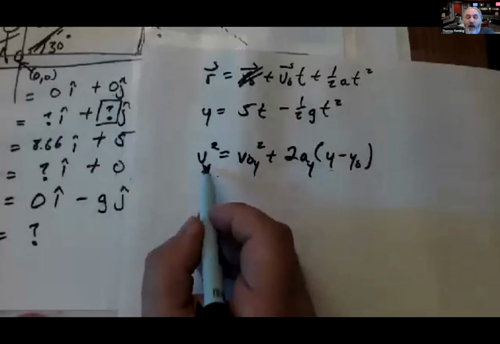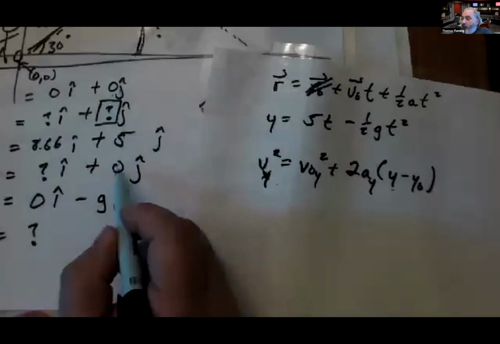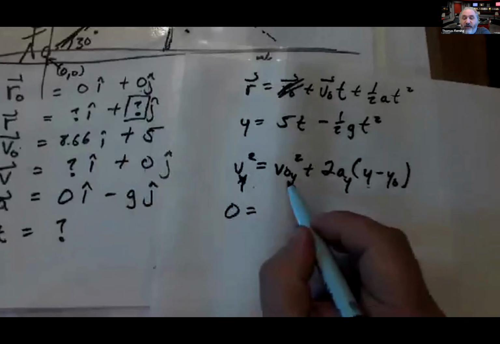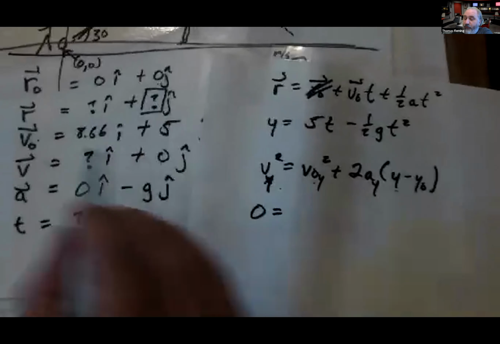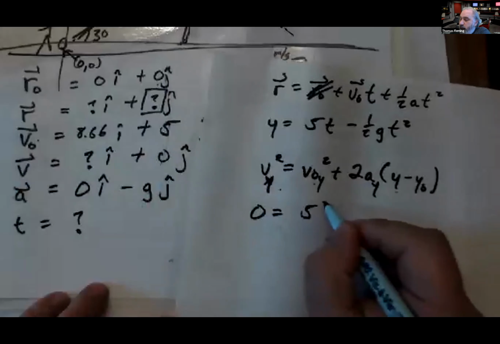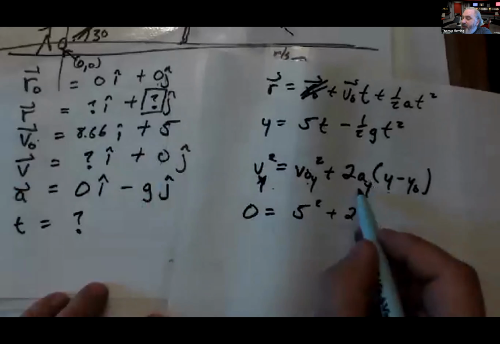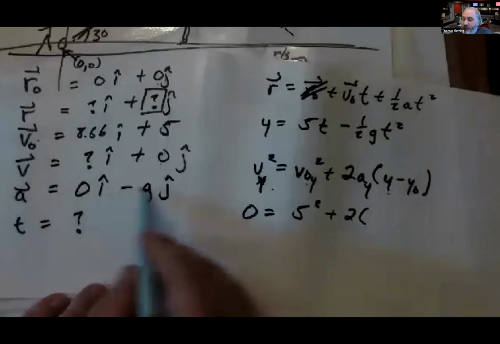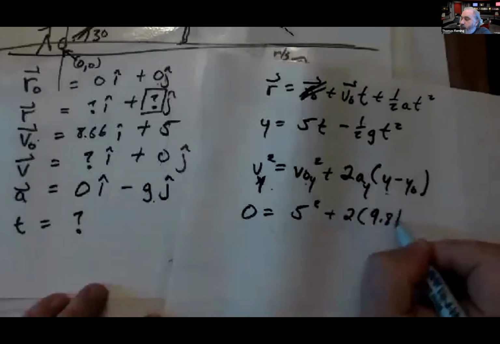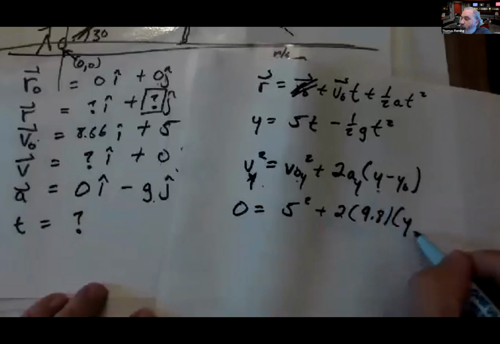V final in the y direction is 0. V initial in the y direction, that's 5, plus 2 times A in the y direction, that's negative G, or 9.8. Y final is what I'm solving for.